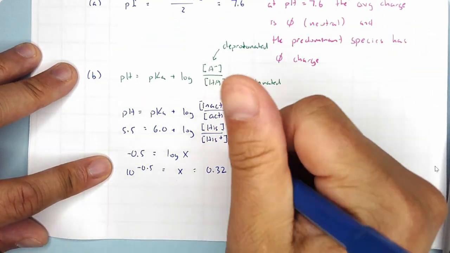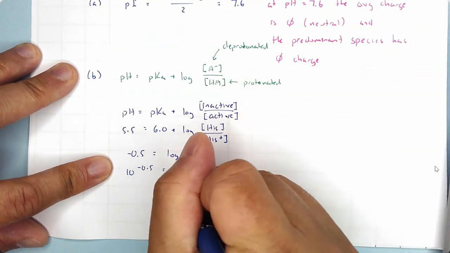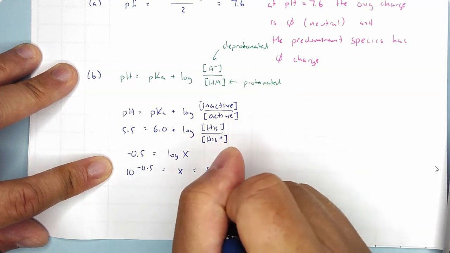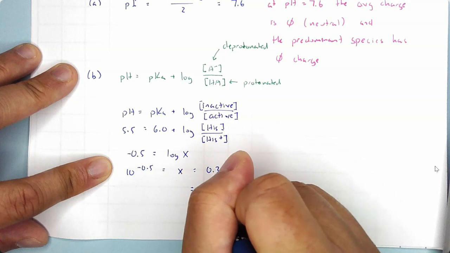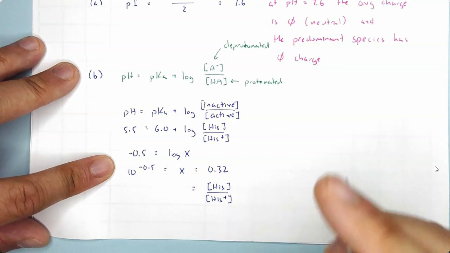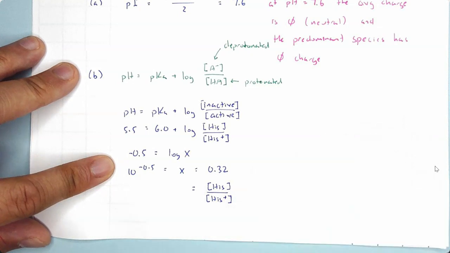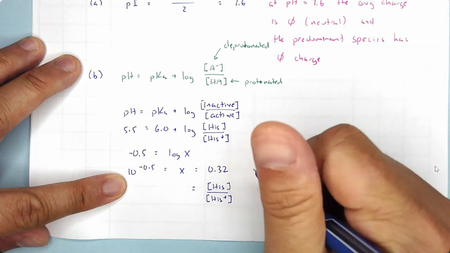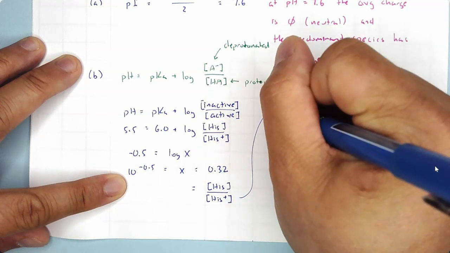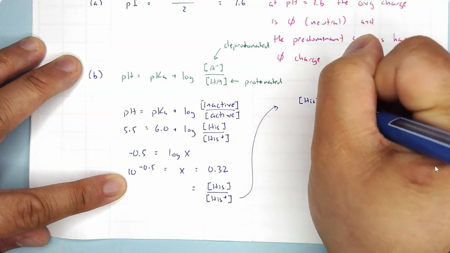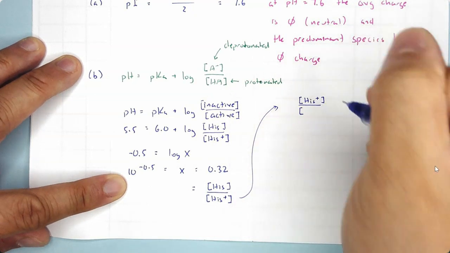But that equals his over his plus. And so if we take the inverse, should we take the inverse? What's the easiest way? Let's try to take the inverse. And so when we take the inverse, at least we got the his plus on top. The active, right, on top.